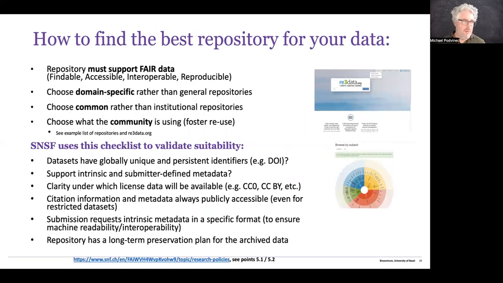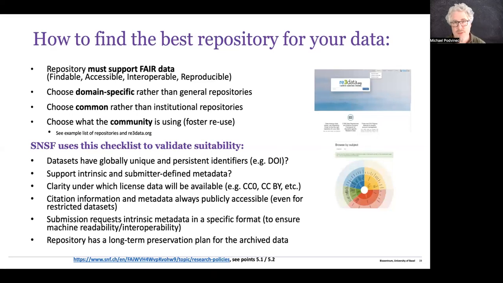Conceptually, the repository should support FAIR data. This is something that publishers are asking for. This is something that funding agencies are asking for. And it's also something that makes sense. And when you select your repository, the recommendation is to choose a domain-specific repository rather than a general purpose, we-take-all-kinds-of-data-sets repository.